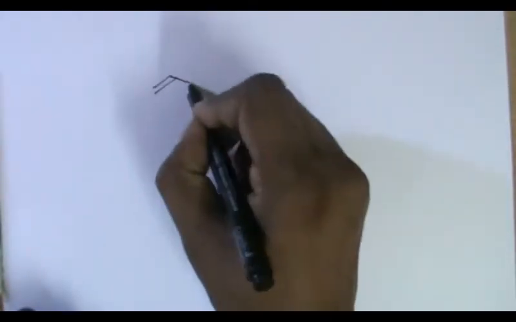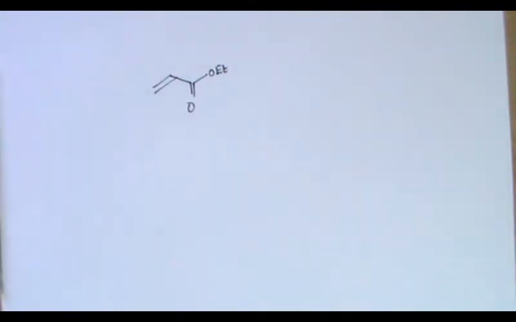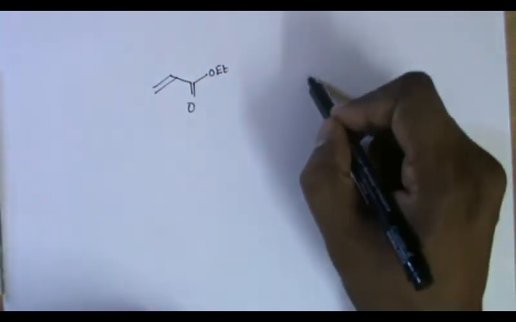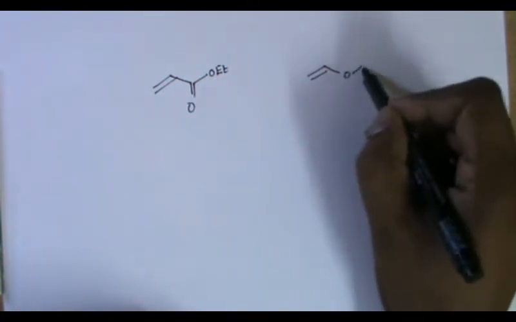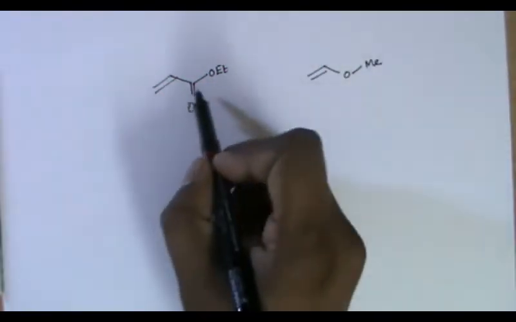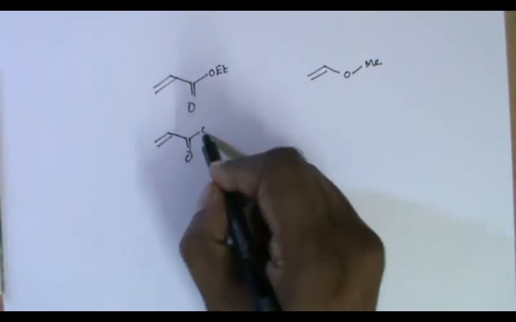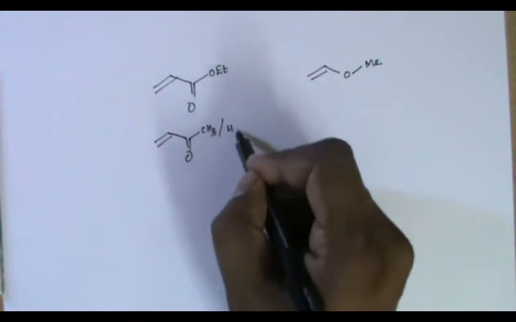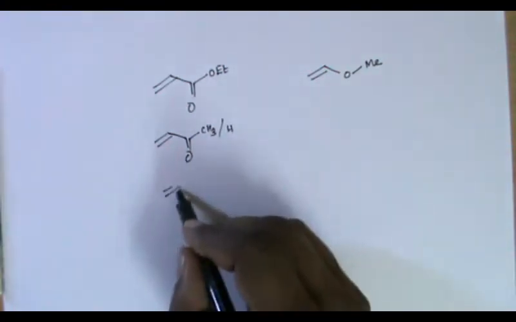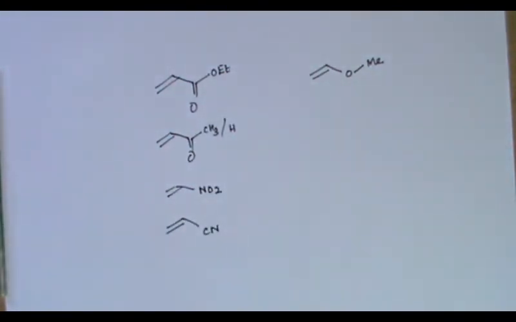Second one, it is an alpha beta unsaturated system, and methyl vinyl ether. Here not only ester, it may be ketone or aldehyde, even it may be NO2 or nitrile.